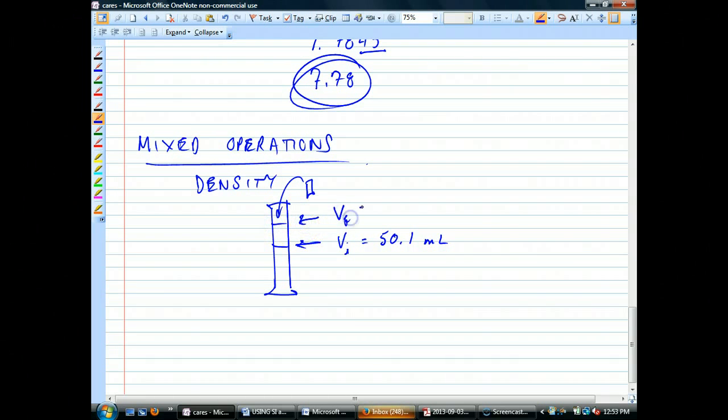So the final volume is maybe 61. So the volume of my object then is going to be 61.1 minus 50.1.